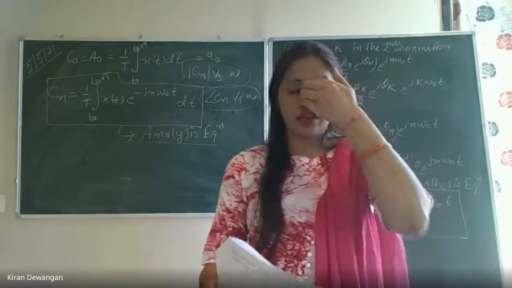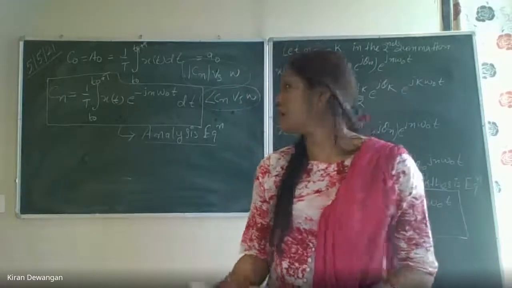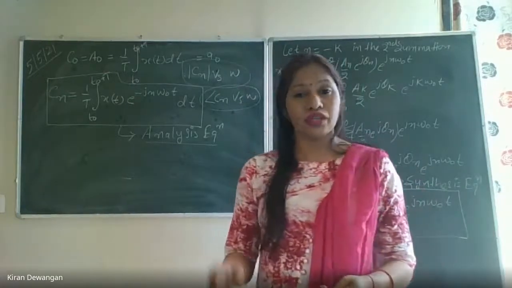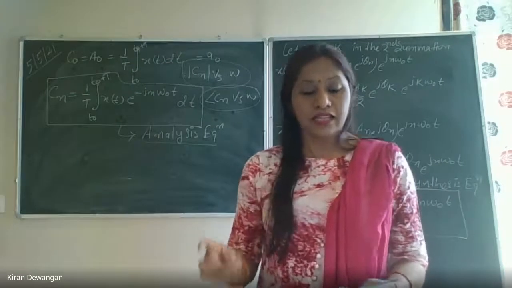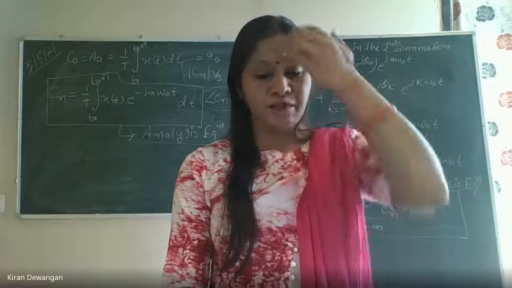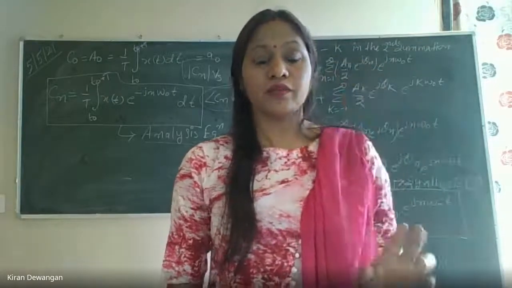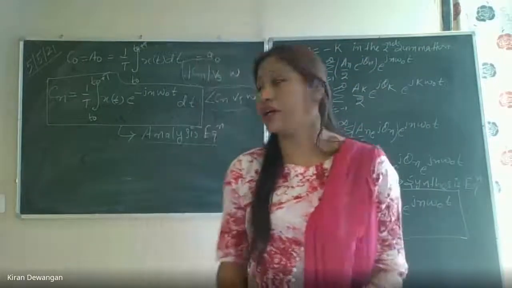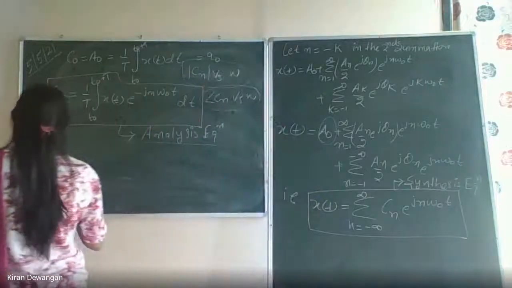Fourier coefficients of xt, what are our Fourier coefficients? The Fourier coefficient is Cn here. So the value of Cn exists, that is, the Fourier coefficient of xt has only the discrete spectrum. Now there is one more important thing in this, just make a note of it.